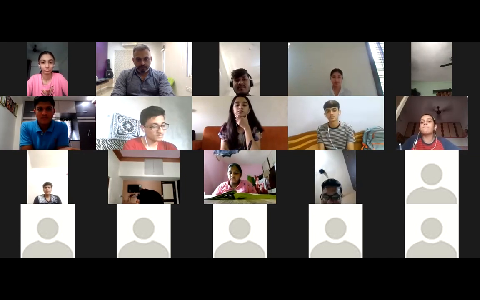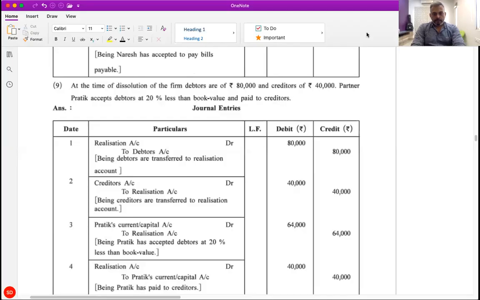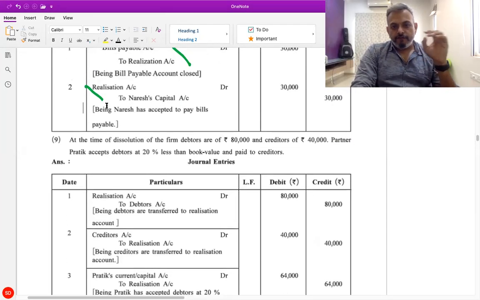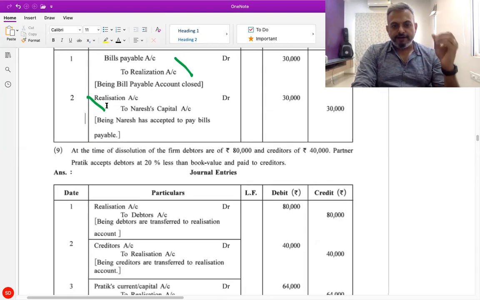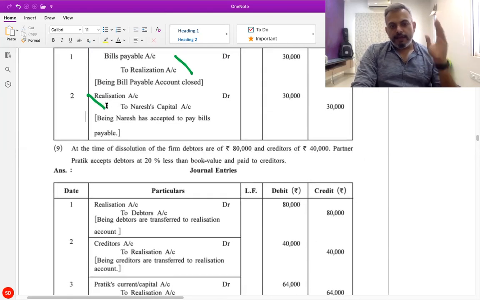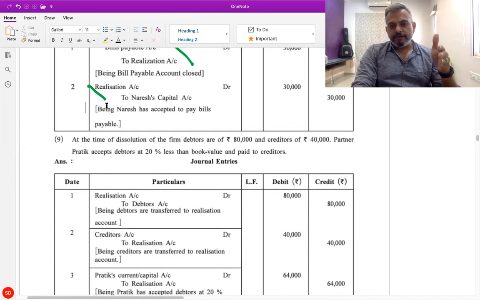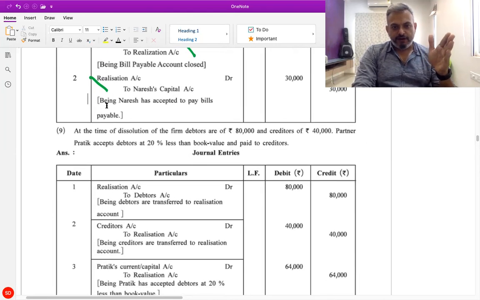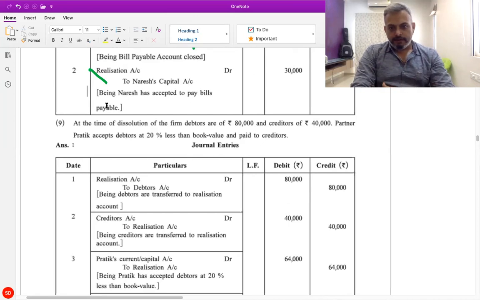Let's see. Now, over here, first we transfer debtors and creditors to realization account, and thereafter the partner accepts debtors at 20% less. So partner's capital account or current account will be debited, and realization account will be credited.